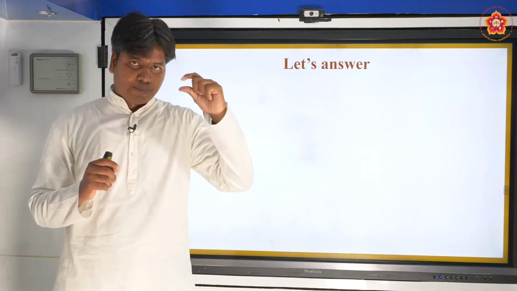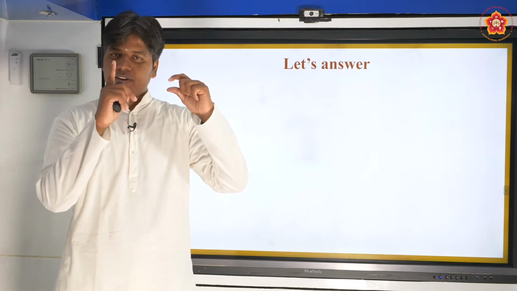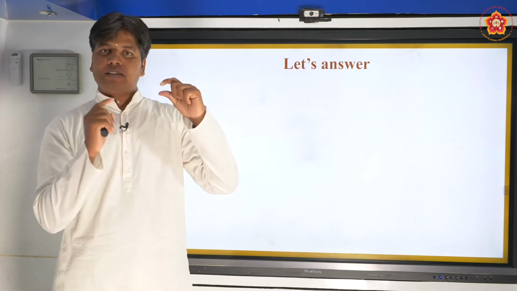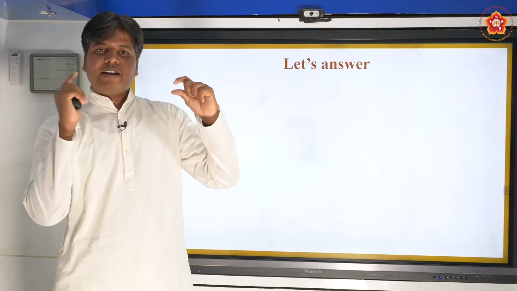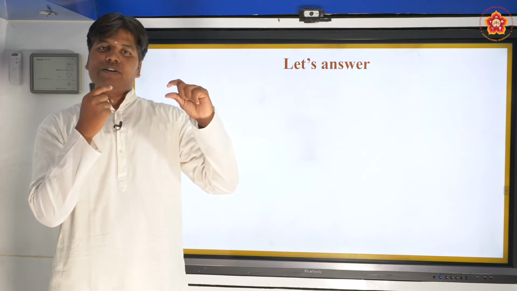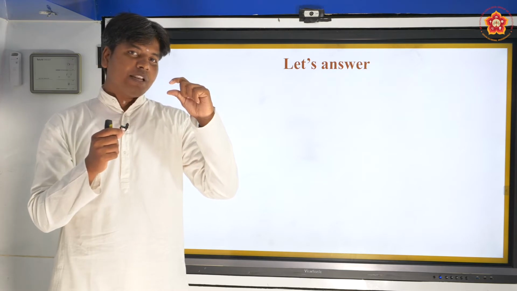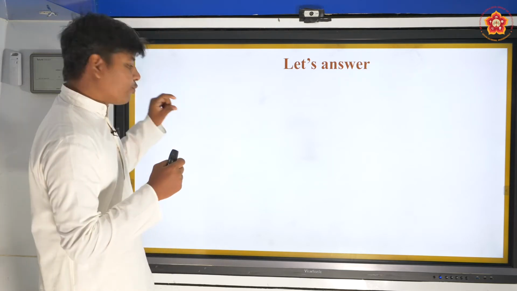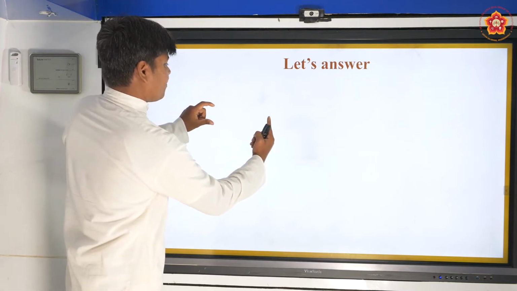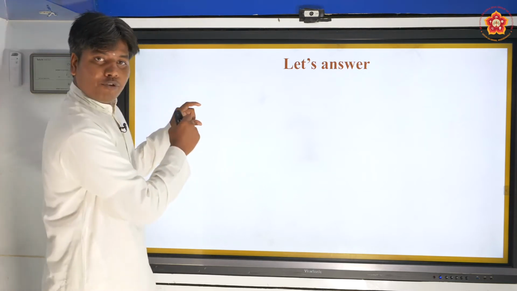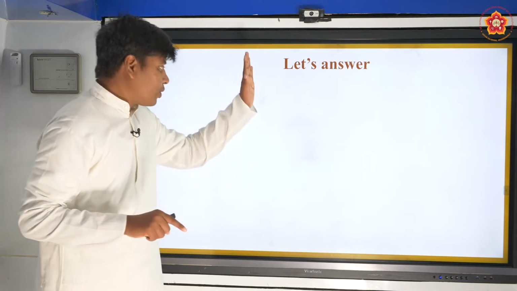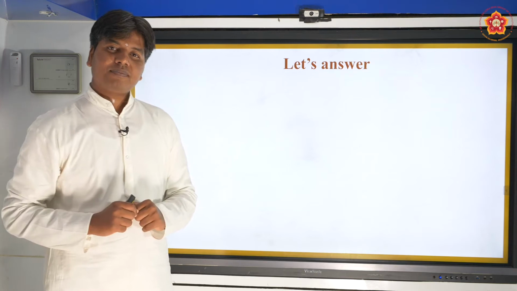If you have the north pole of a bar magnet here, and a current carrying conductor here with current from down to up, what happens? The field lines will go through the bar magnet. So the bar magnet will experience a force in the outward direction. The force direction will be outward on the bar magnet due to the current carrying conductor.